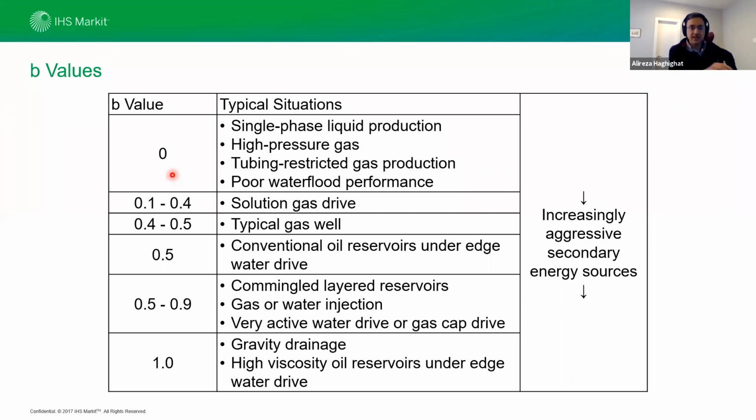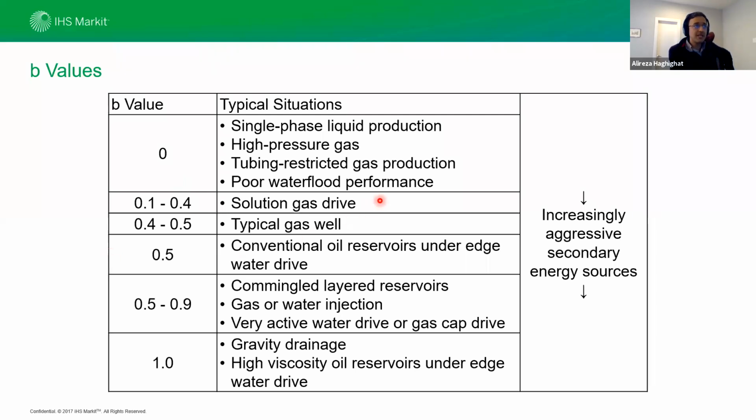and it remains constant. However, as your reservoir is assisted by something, energy support, you see that the b value increases and your decline gradually decreases. You don't see a sharp drop in your oil production.